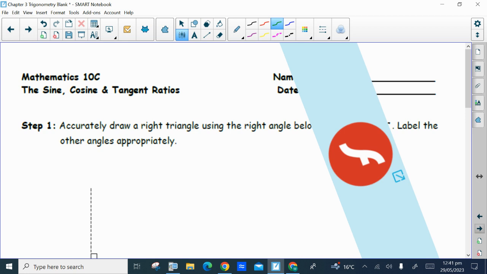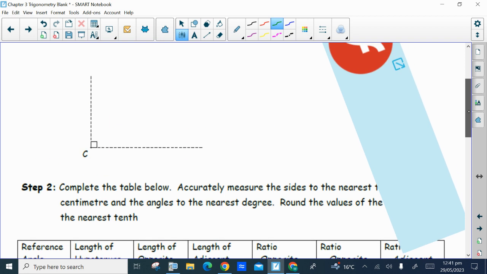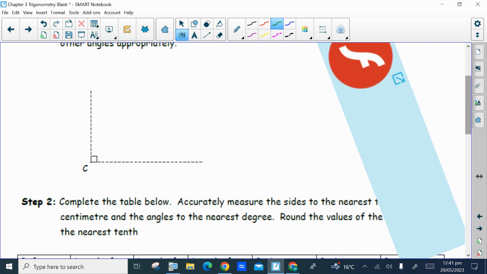So you could take a ruler and measure these sides. You can also, before you start measuring sides, take a ruler and draw the hypotenuse of that triangle.